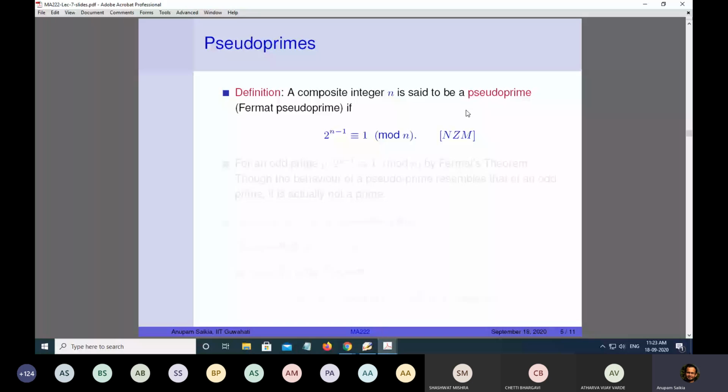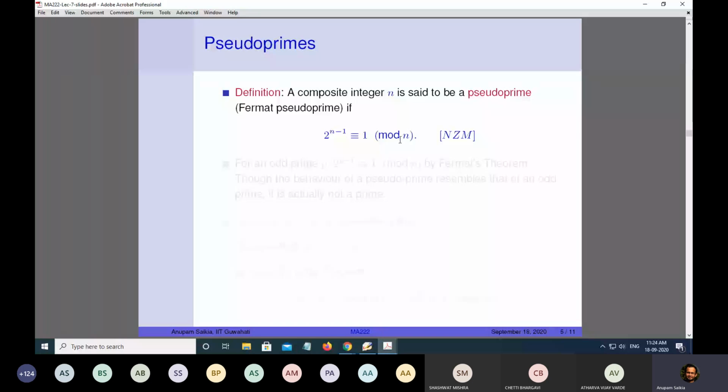Classically, some mathematicians looked for prime numbers among the integers of the form 2 to the power n minus 2. It was believed that factors of that would give you prime numbers, kind of.